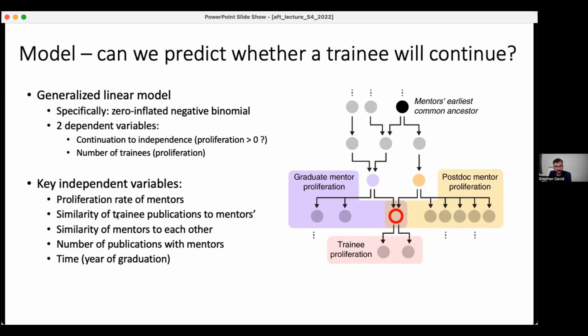But the question we were really interested in, in the synthesis case, is how similar are their publications to their mentors, and also how similar are their mentors to each other? And then there are some other variables, like how many publications, and time as a factor, which is very important, but maybe for reasons that are not so interesting.